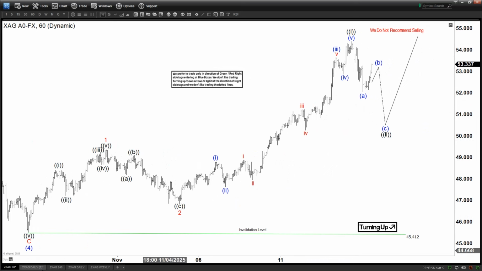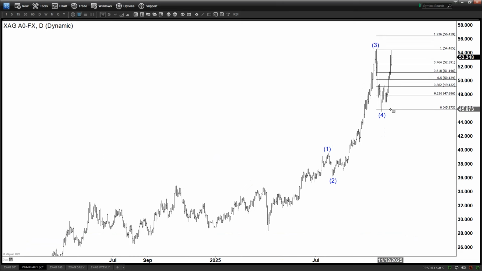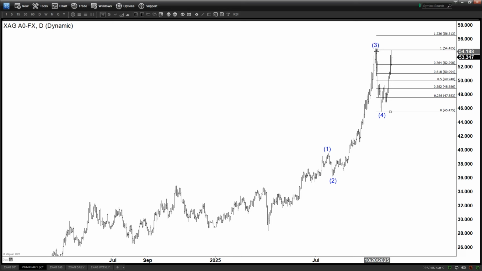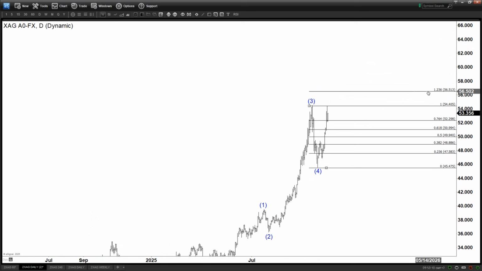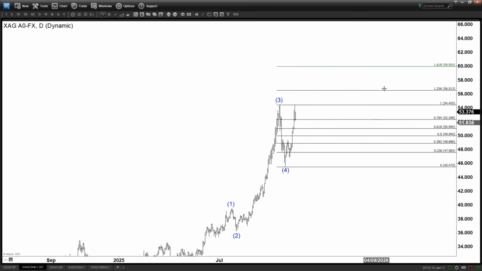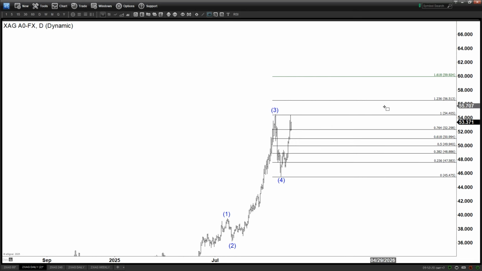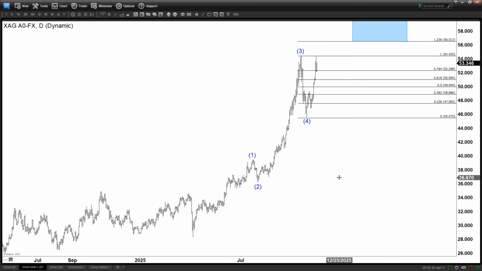Okay, guys. Now, in terms of the minimum target, as always, we can take the retracement of wave 4 and then pick the 1.236. Now, this is not by any means the only potential target. This is just one way you measure potential target for wave 5. There are a couple of different ways, but one way is to measure it like this and take the 1.236 to 1.618 as the next potential target for wave 5.